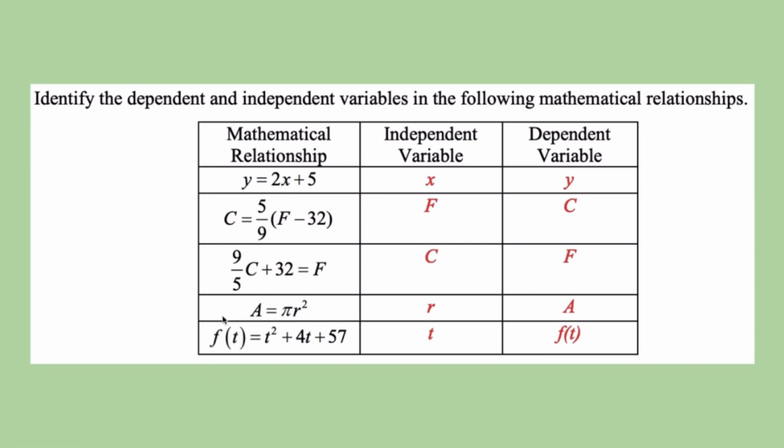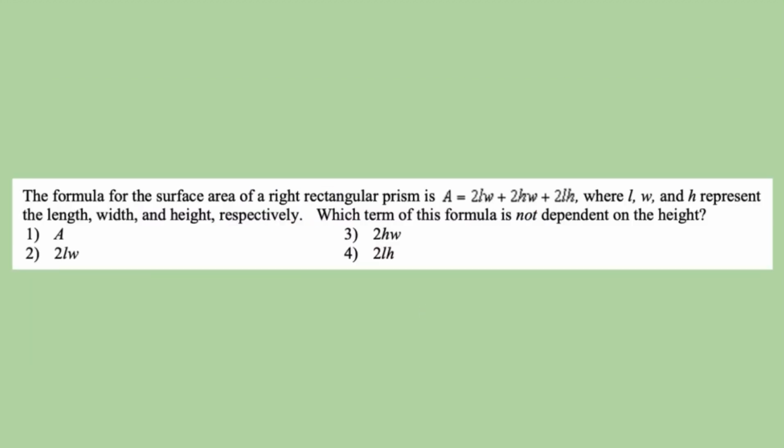F of anything you always treat as y. So this would, as we can see in the first one, the first equation, y, dependent variable, x or t, independent variable.